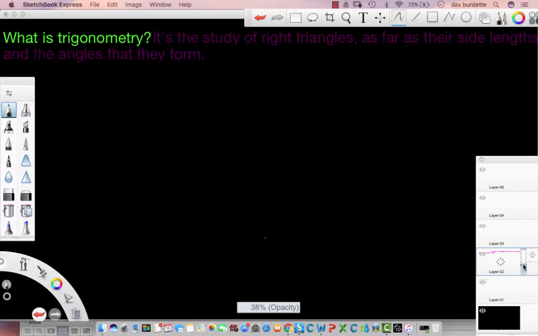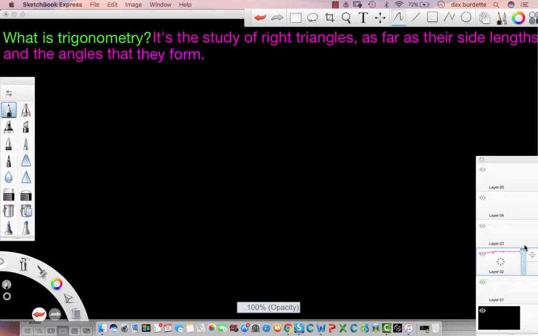So, this is my rendition of what trigonometry is. It's the study of right triangles, as far as their side lengths and the angles that they form.